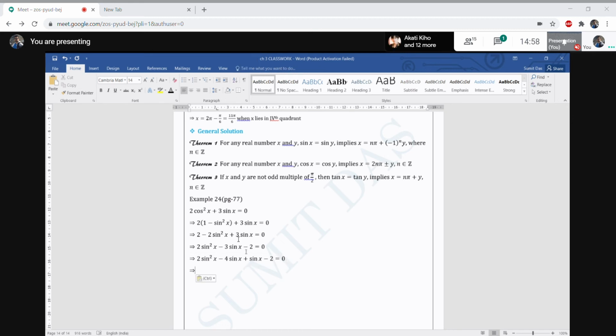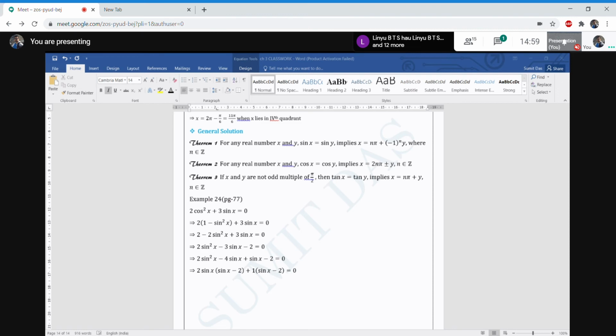Then take 2 sine x common, so we'll get sine x minus 2, then plus 1 outside the bracket, sine x minus 2 equal to 0.